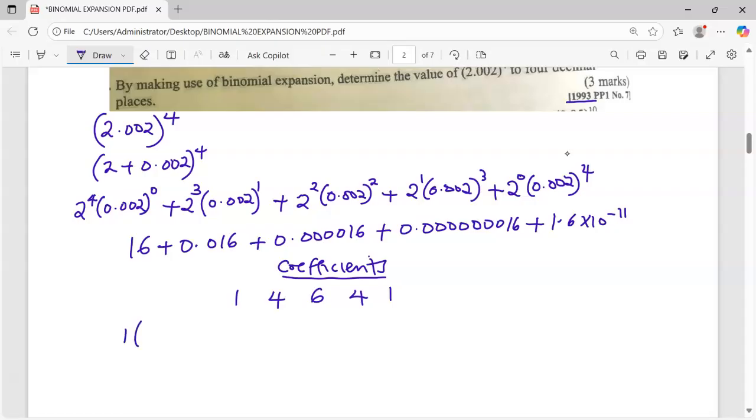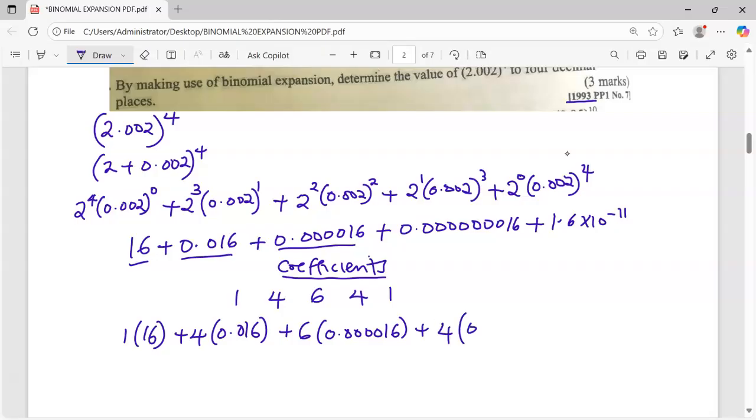That is 1 times 16 plus 4 into 0.016 plus 6 into 0.000016, plus we are going to have 4 multiplied by 0.000000016 plus, of course, 1 times 1.6 times 10 power negative 11.